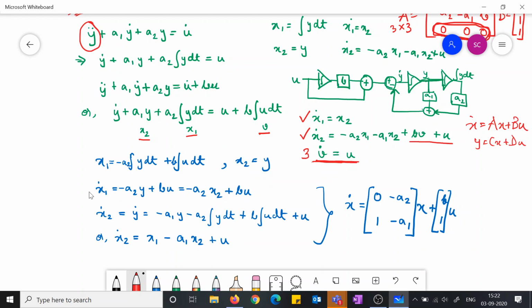Keeping the output in mind, I have to change my definition of states. So this is a skill, and you have to develop it if you want to derive state space representations directly out of dynamical equations containing derivatives of input.